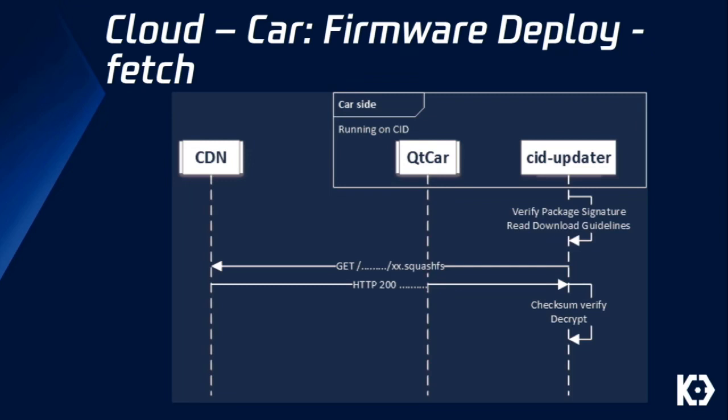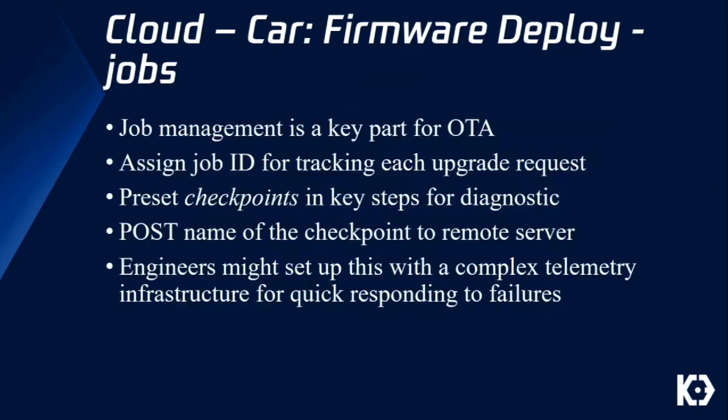So, what will happen if something breaks? There is something we call job management. And this is the key part for Tesla's OTA. When you handshake, you will get a job ID. And you need to pass several checkpoints during the whole OTA procedure.